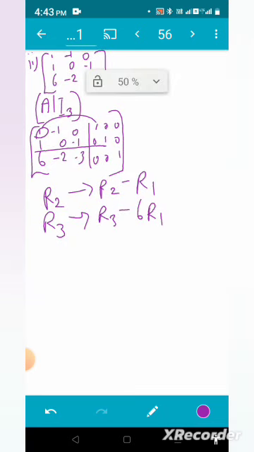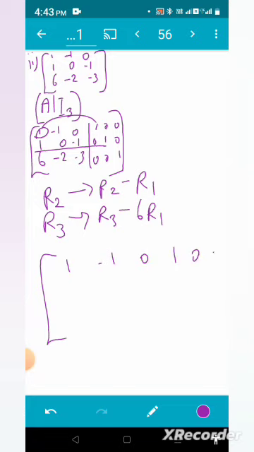Then R1: 1 minus 1 0 1 0 0. It's not any change. In R2 minus R1: 1 minus 1, that is 0. 0 minus of minus 1 is plus 1.